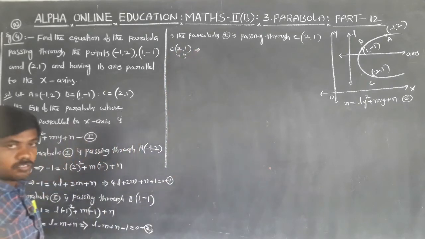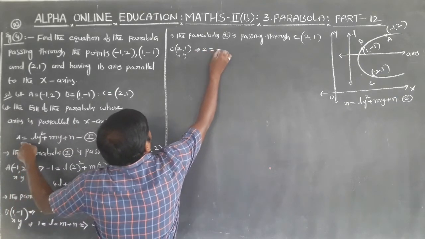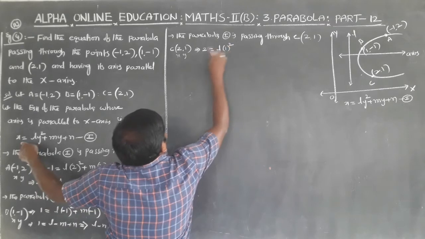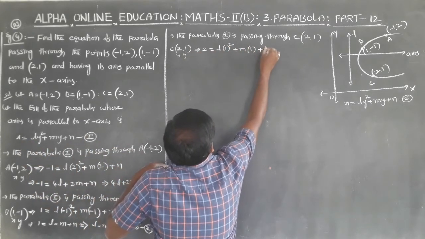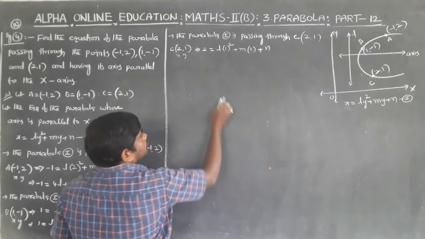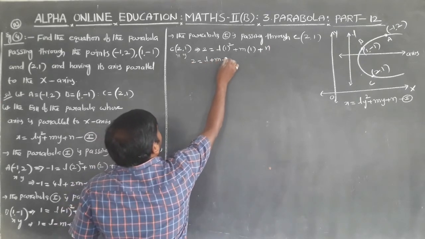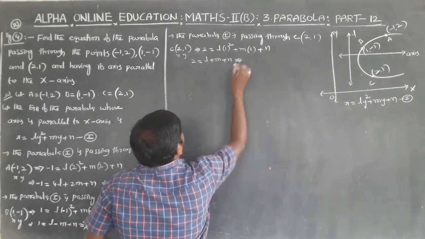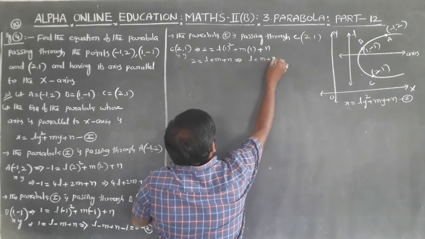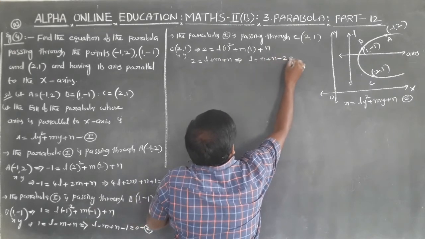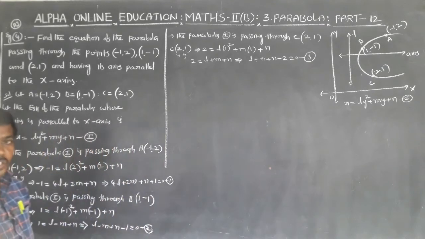Here x = 2, y = 1: 2 = L(1)^2 + M(1) + n. So 2 = L + M + n. Taking 2 to the right side, L + M + n - 2 = 0. This is condition number 3.